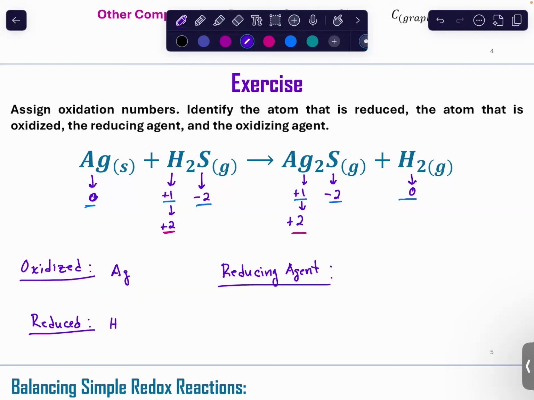What was the reducing agent? It has the element in it that was oxidized. So in this case, it's just the silver metal, because that silver, when it's oxidized, gives off electrons to the hydrogen.